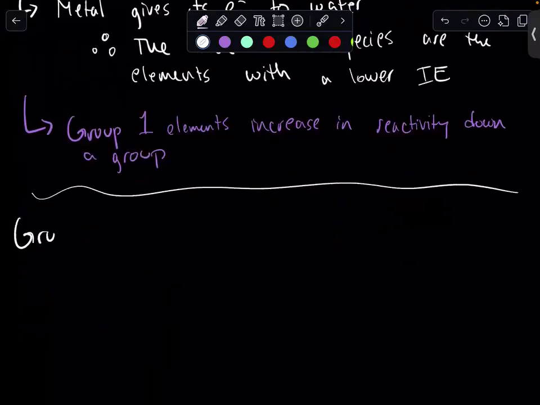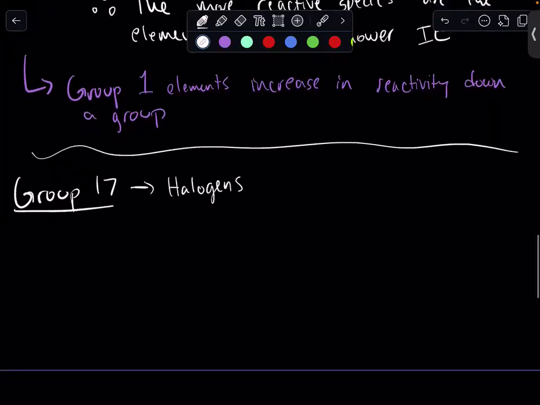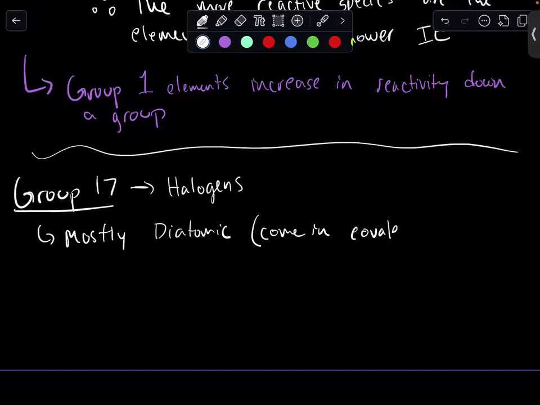After that, we have group 17, which sometimes is referred to on a periodic table as group 7A, but it's group 17, and these are our halogens. So these halogens, something to always remember is that these are mostly diatomic. Remember that means they come in covalently bonded pairs.